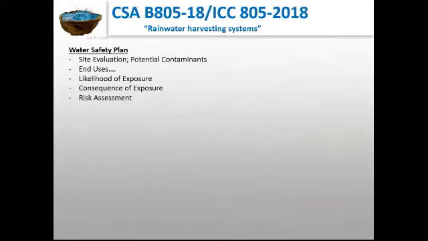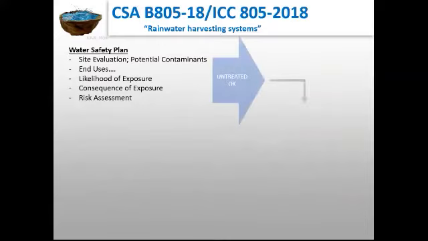The thing I like most about it, and I think that's probably one of its biggest assets, is the water safety plan. And what actually happens is every instance of a rainwater harvesting system is evaluated for the site, for potential contaminants, what the end uses are, exposures and consequences of exposure, and risk assessment.